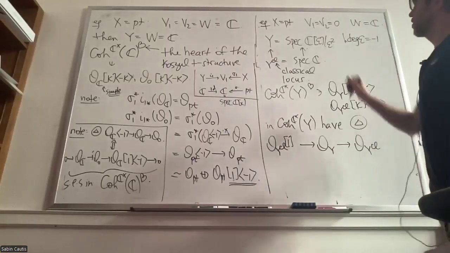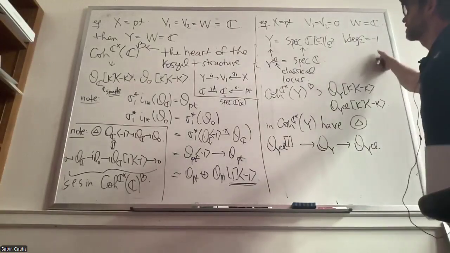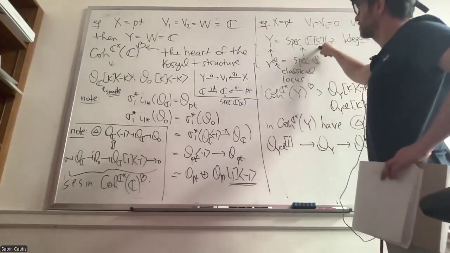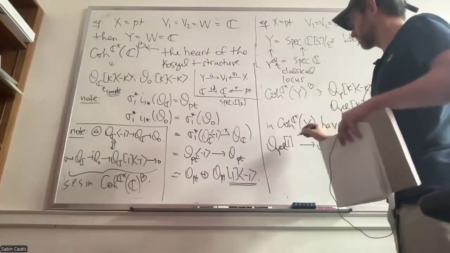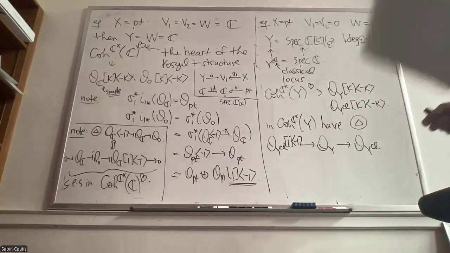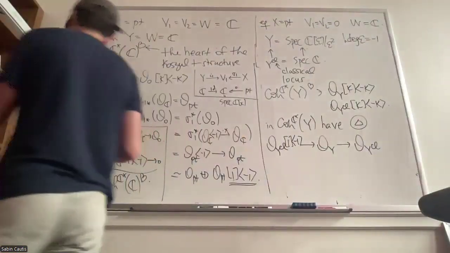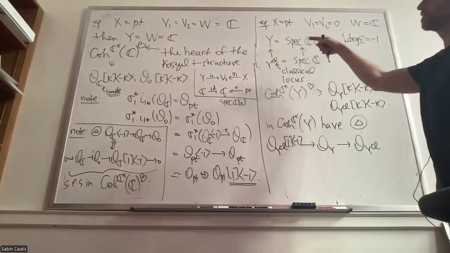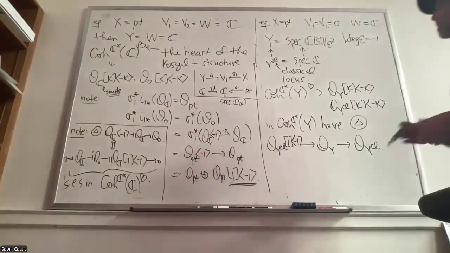And because of the C star action, if you identify this carefully when you write the fiber product diagram, it has a shift by -1 as well, equivariantly. So epsilon has homological degree -1 and scaling degree, if you want, 1.